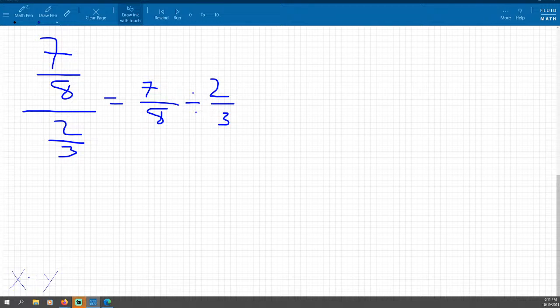Now that you know this can be rewritten as this, and we just saw how to do this, you go, oh, I need division. I need to take the reciprocal. So now we can make this a multiply. The reciprocal is 3/2. Now we have 7 times 3 is 21 over 16.